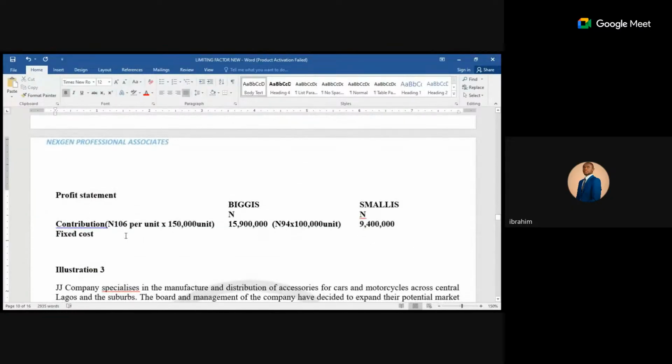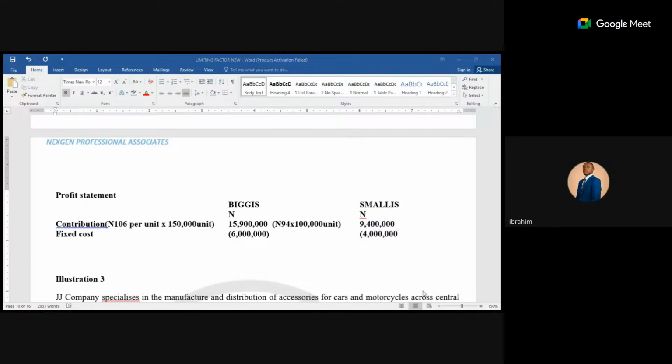Don't forget that fixed cost does not vary according to what they plan. It is based on budgeted. 6 million and 4 million.